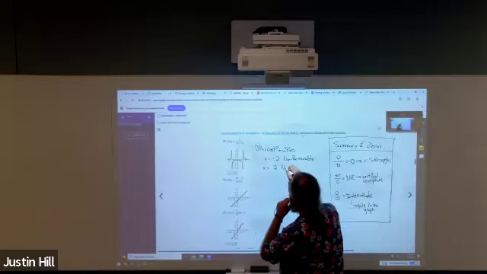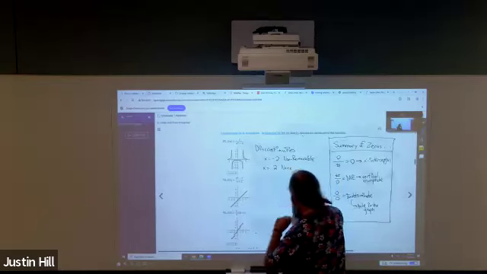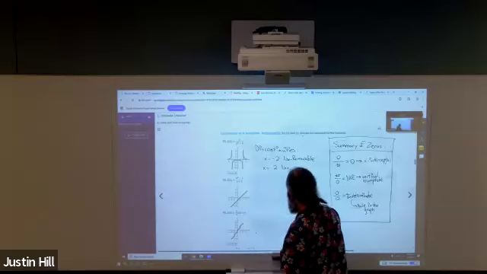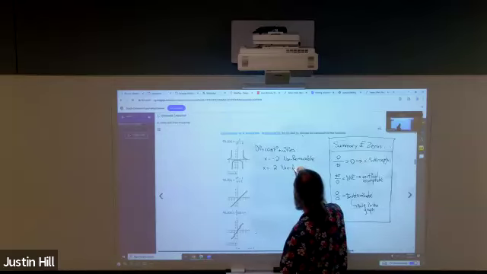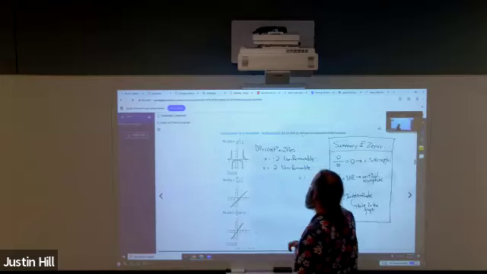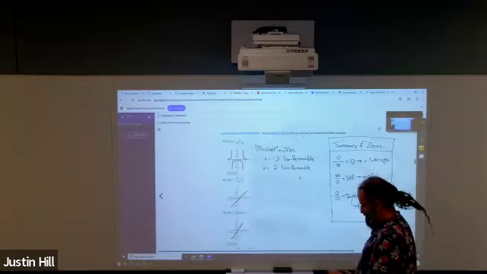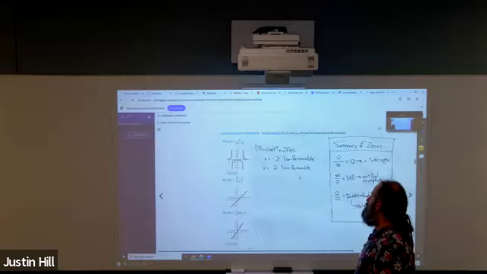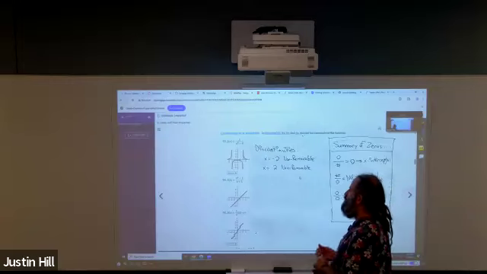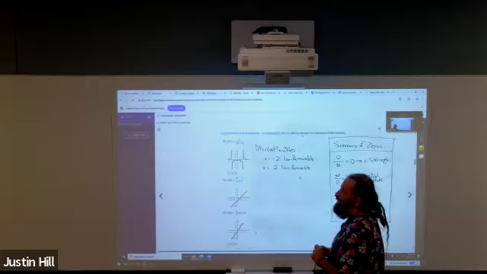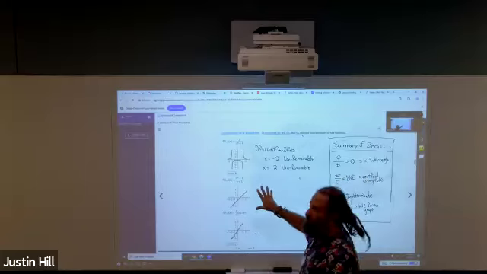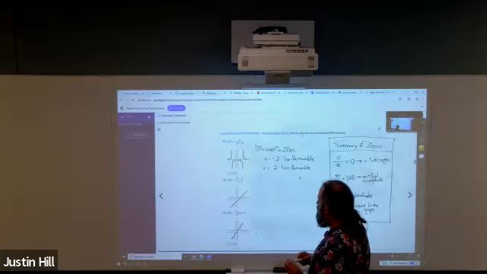So this is also a non-removable discontinuity. So those are two good examples of non-removable discontinuities.